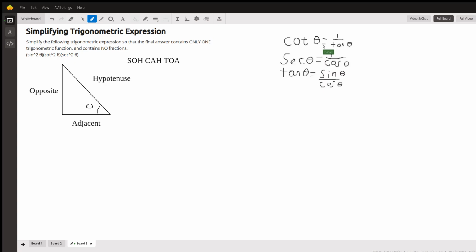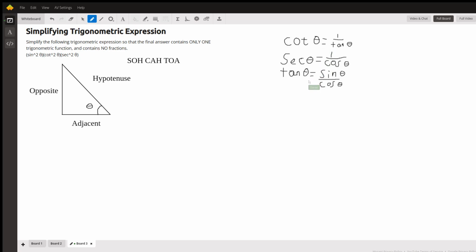Cotangent being 1 over tangent squared, since it's the opposite of tangent for the reciprocal. And for secant squared, secant being the reciprocal of cosine, we can also keep that in mind, that we can change it into 1 divided by cosine squared, or 1 divided by cosine.